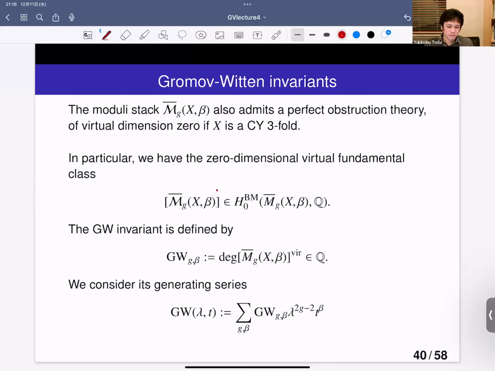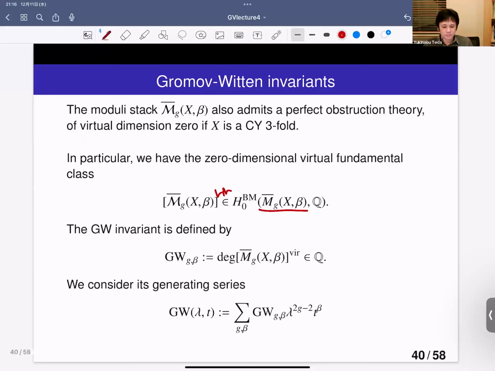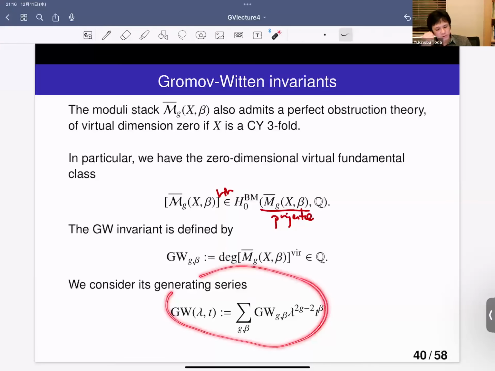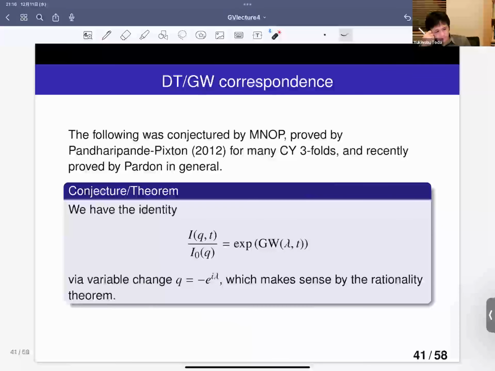This is a Q-coefficient class because this is a virtual class of the moduli stack. But nevertheless, this is a projective scheme. So then we can define the Gromov-Witten invariant. This is now a rational number. And then we can also consider the generating series of Gromov-Witten invariants.